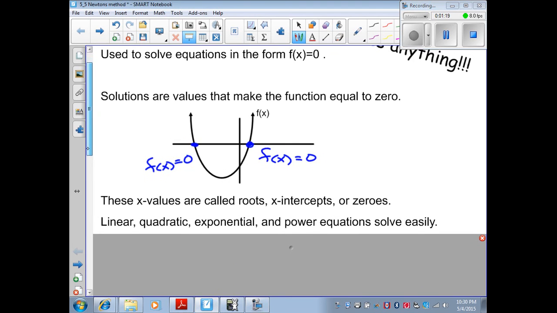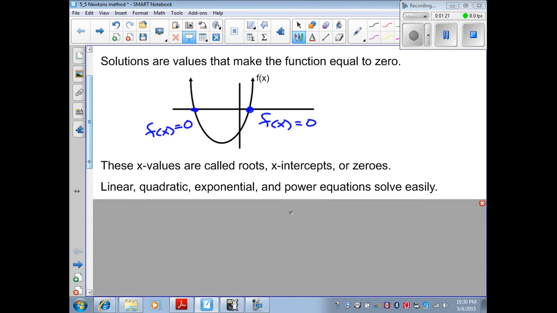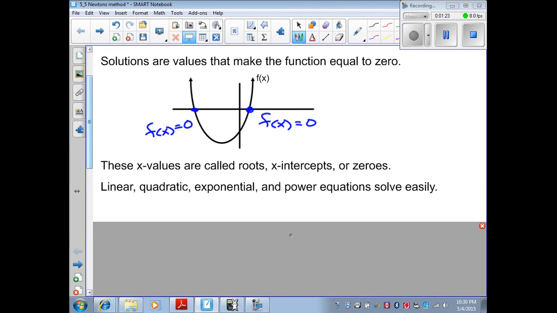And there are some types of equations that we can already solve really easily. So linear, if we've got y equals mx plus b, that's easy to solve for any value. Quadratic, so ax squared plus bx plus c. We've got a lot of ways to solve that, whether it's completing the square, factoring, or quadratic formula.